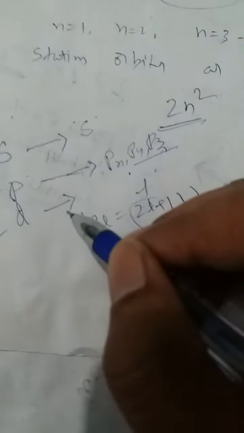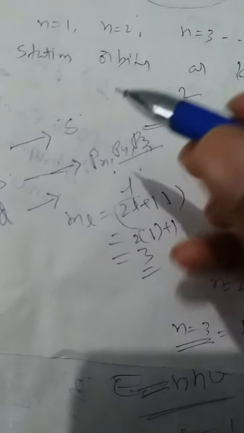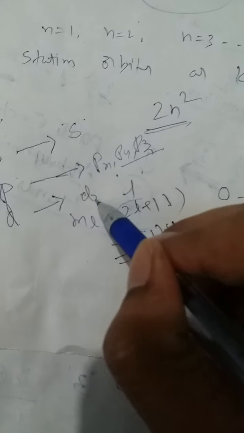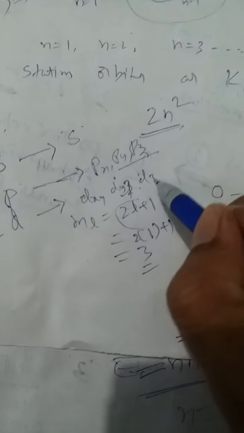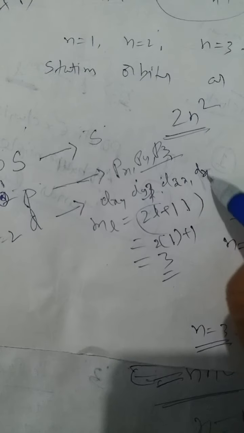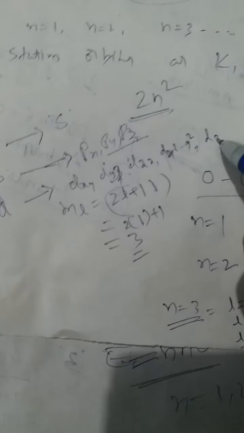L equal to 2 means the D subshell. The D subshell has 5 degenerate orbitals: dxy, dyz, dzx, dx square minus y square, and dz square.